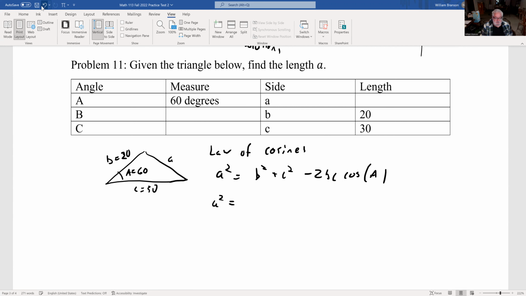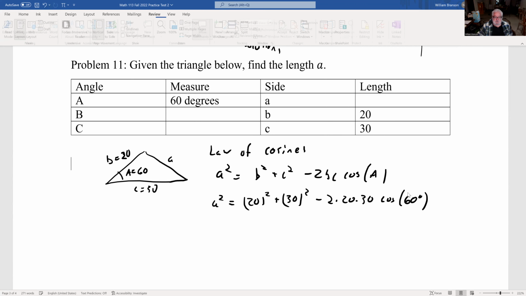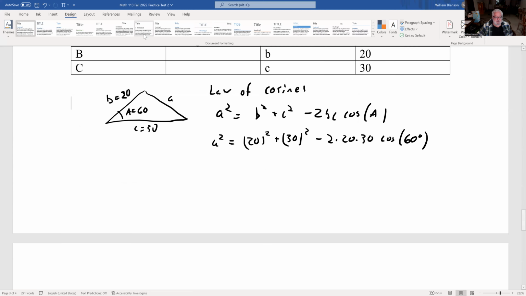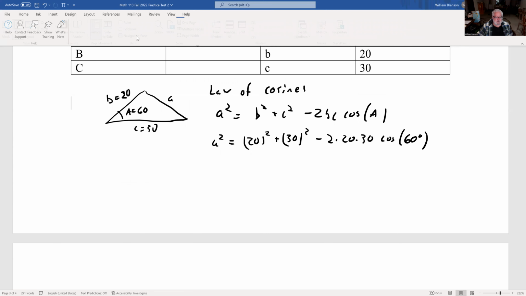So A squared is what? It's going to be B squared, which is 20 squared, plus C squared, which is 30 squared, minus 2 times 20 times 30 times cosine of 60 degrees. Right? And cosine of 60 degrees, oops, we're there.